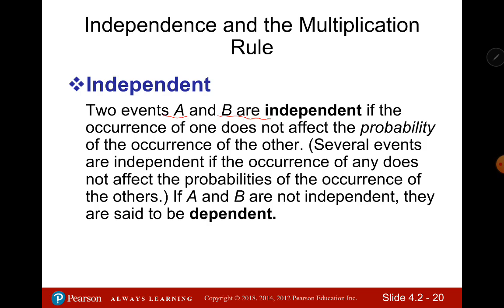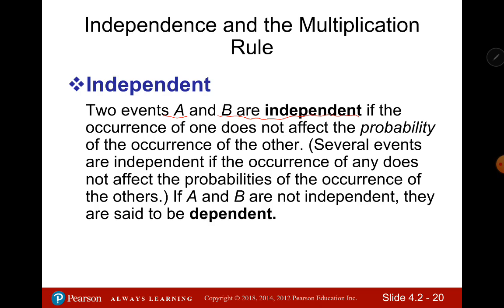A and B are independent if occurrence of one does not affect the probability of occurrence of the other, which means A happens or not will not change B happens or not, or A happens or not will not affect the probability of B. Then we will say these two events are independent.